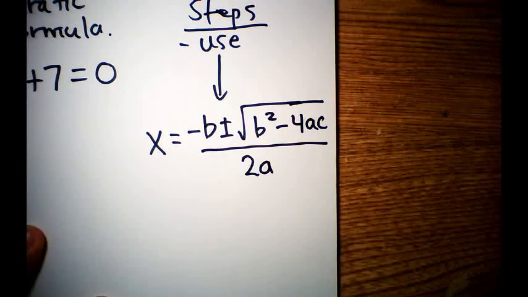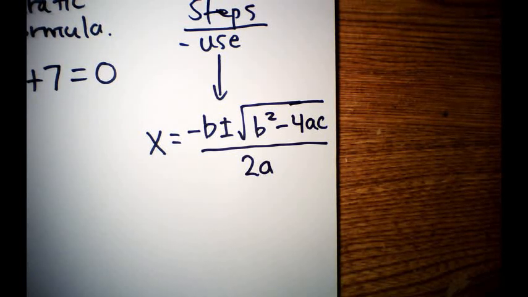I know you guys sang that crazy but wonderful song in Algebra 1, and you can't sing that song again, but this is the formula, just to help you remember it. Negative b plus or minus square root of b squared minus 4ac all over 2a.